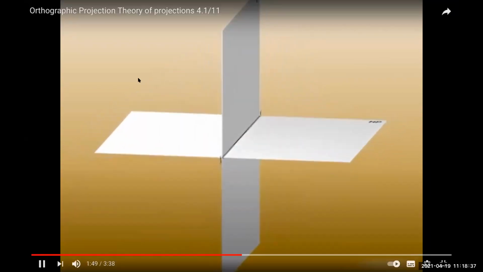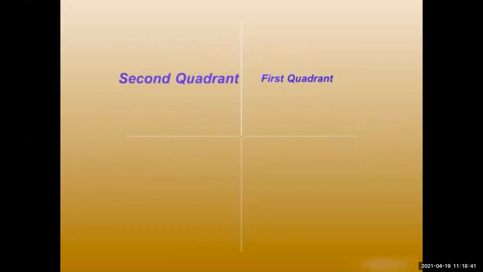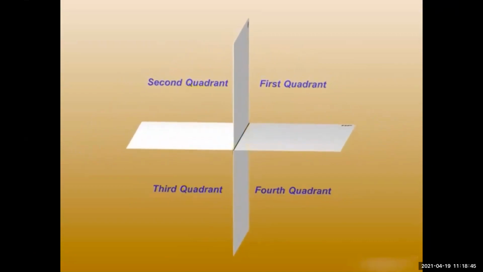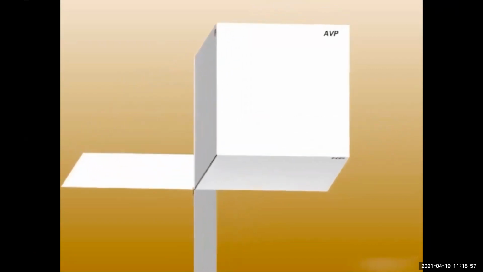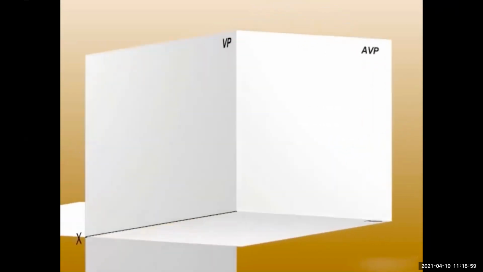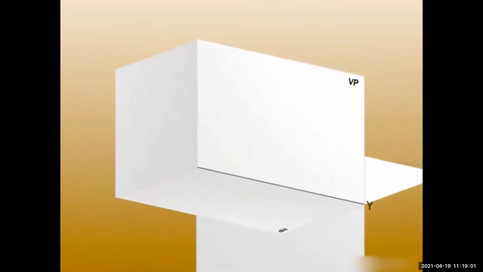These intersecting planes create four quadrants named as first, second, third, and fourth in anticlockwise direction. There is one more plane known as auxiliary vertical plane AVP or profile plane PP. We use AVP when the view is from the left side or the right side of the object.